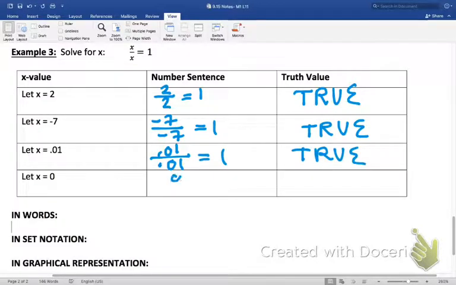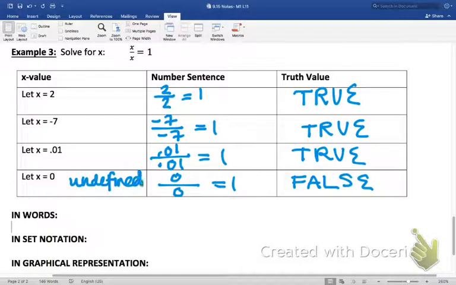Now let's look at 0. If I do 0 divided by 0, we run into a problem here because we cannot divide by 0. So 0 divided by 0 is actually undefined. So that means it is false.